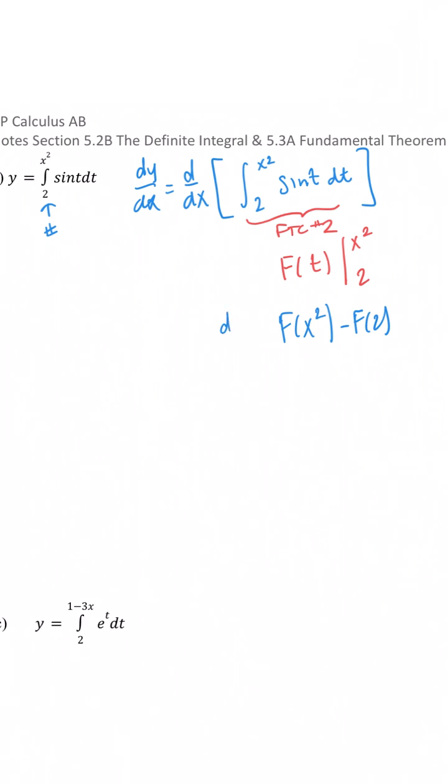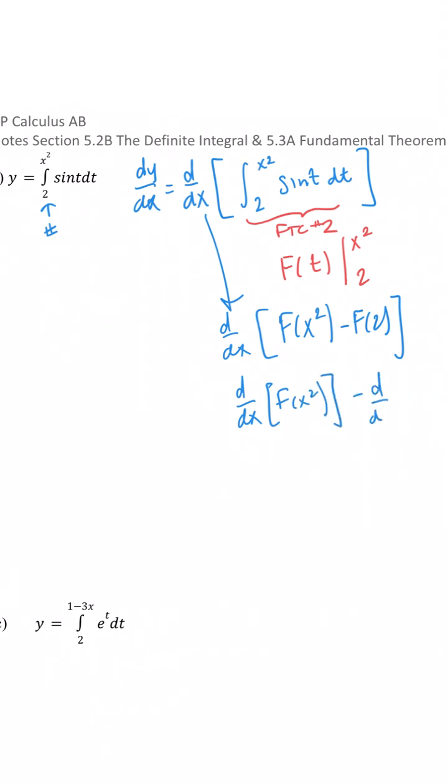And now if I bring down the derivative part of that, the derivative of this antiderivative with respect to x squared, minus the derivative of F(2). Remember, this is a constant, so that part is going to be 0.